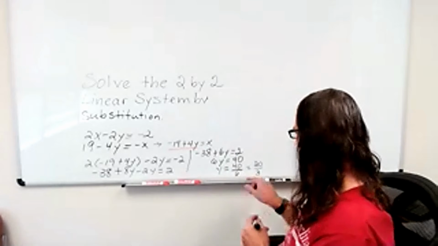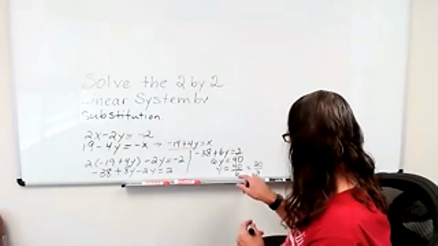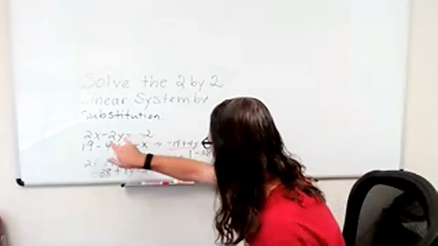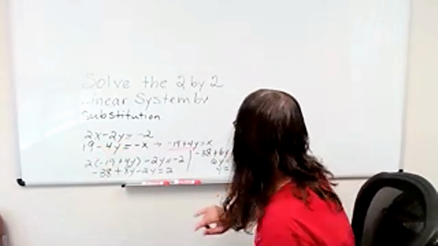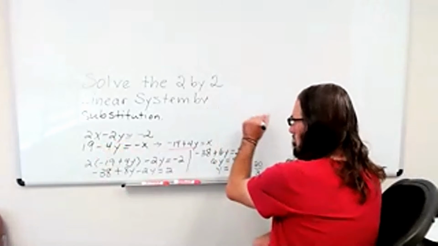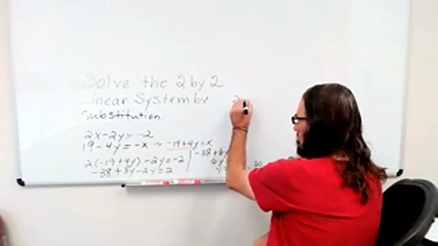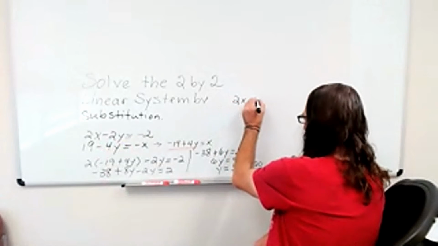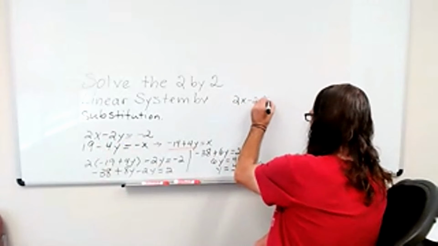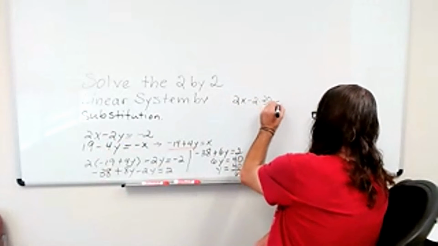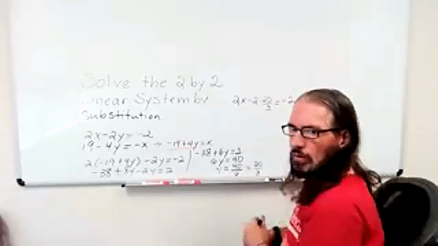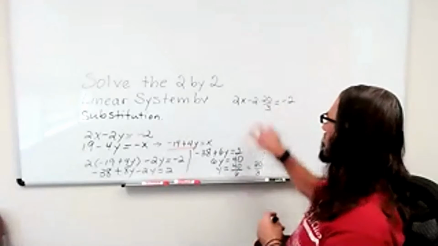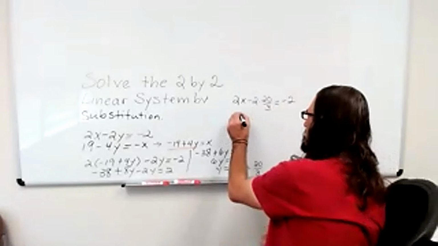And then I'm going to plug that in to the first equation. That will give me 40/3 there.